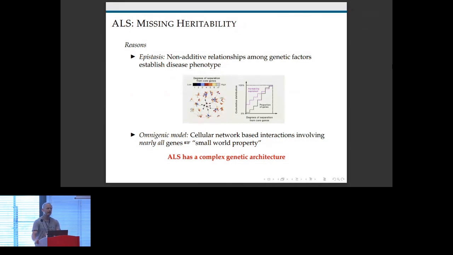But then on the other hand, all of the genes are only a few steps away from these core genes, so they have an influence on these core genes. So possibly every gene has an influence in this disease. And we would like to hook up to that idea here as well. So ALS has a particularly complex genetic architecture. I mentioned this at the beginning, and this is why it's such an intriguing disease to examine.